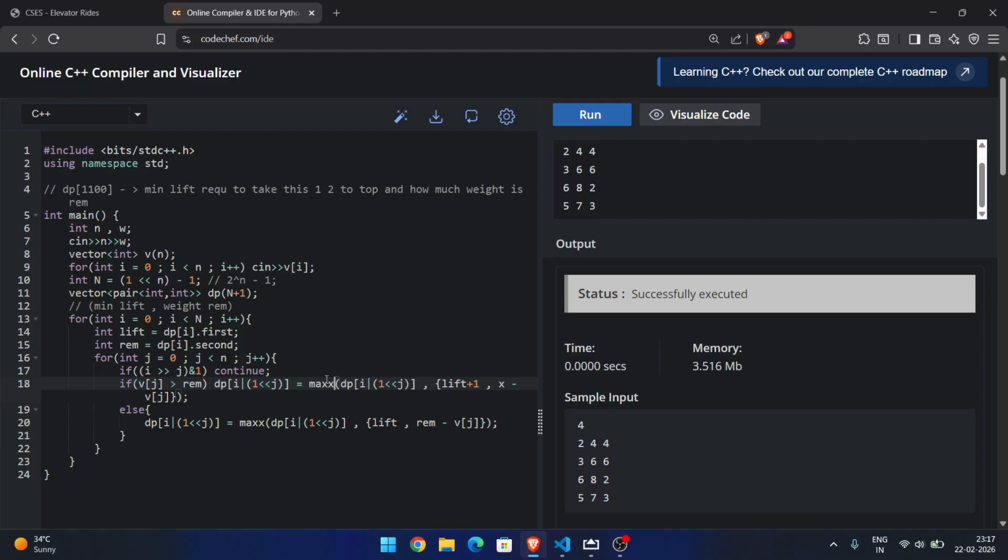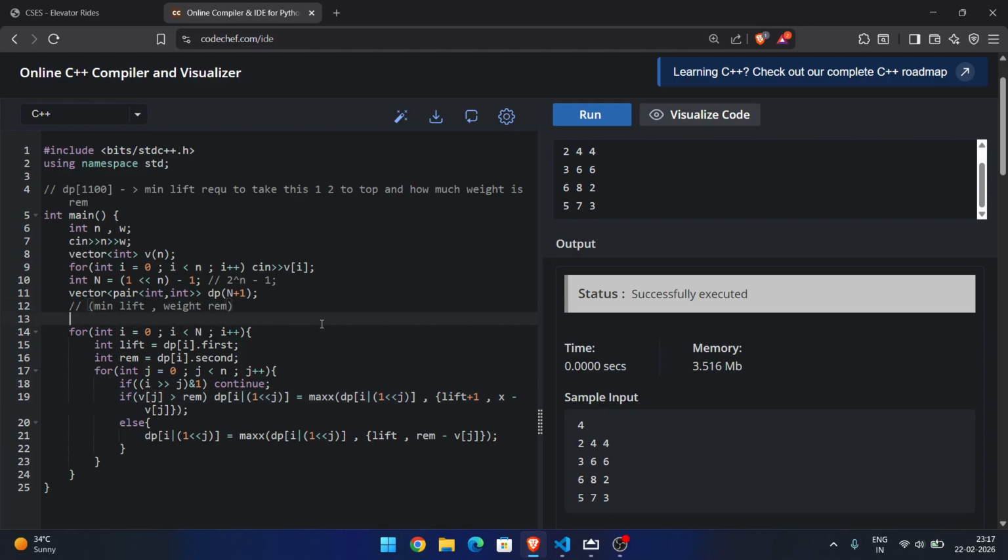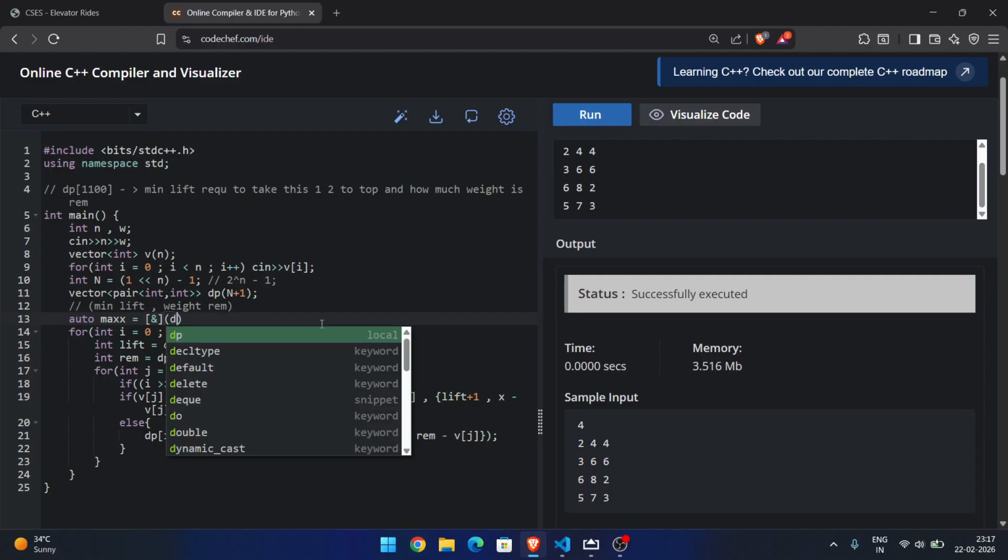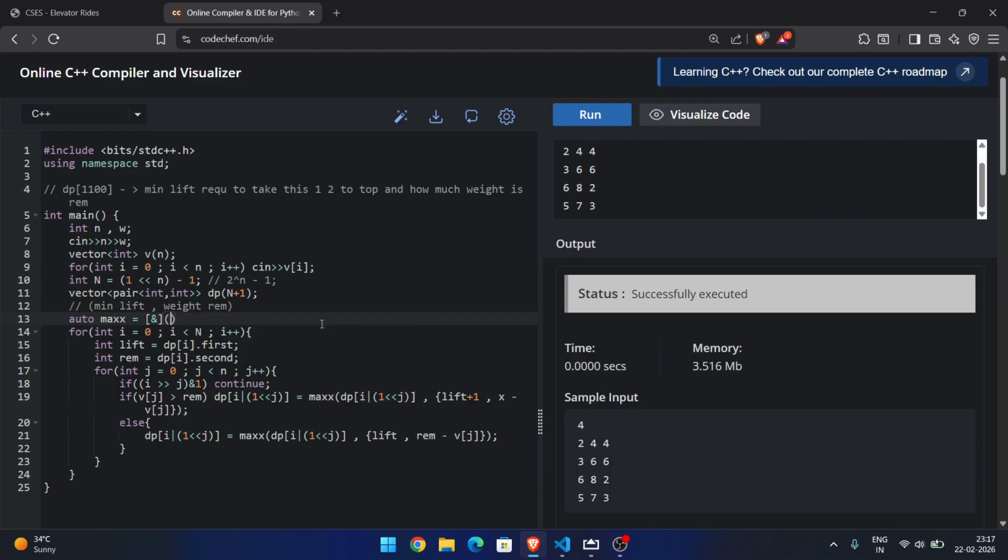Now we have to make a new function. Okay, so we are making this new function. What it would take as input is pair of int comma int.